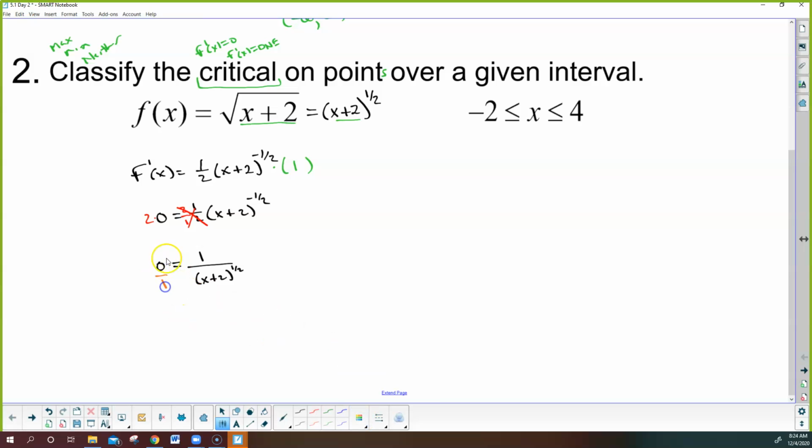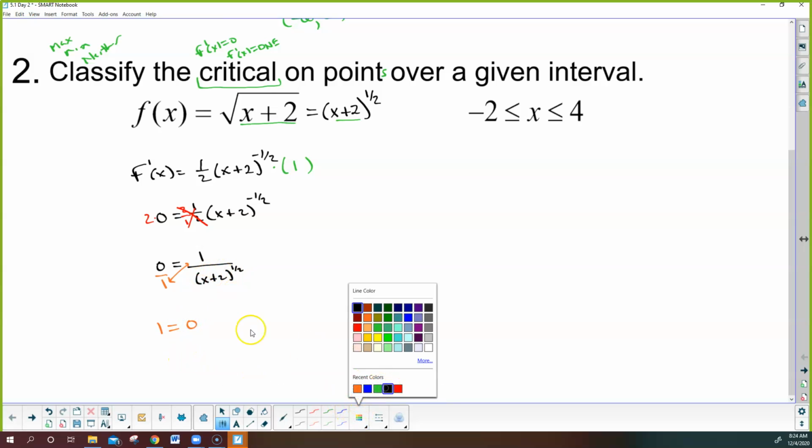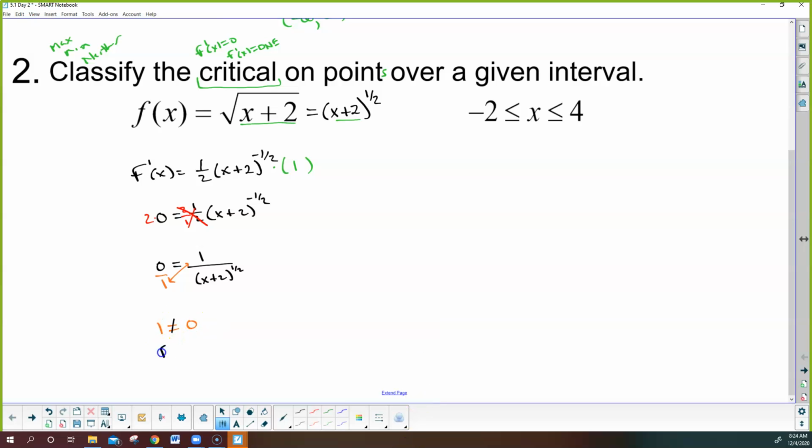because I can then set up a fraction equaling a fraction, and we can cross multiply. And when you cross multiply, you actually end up with 1 times 1 equals 1, and 0 times this whole thing, which is 0. You end up with a false expression, which means that there are no spots where the derivative is equal to 0.